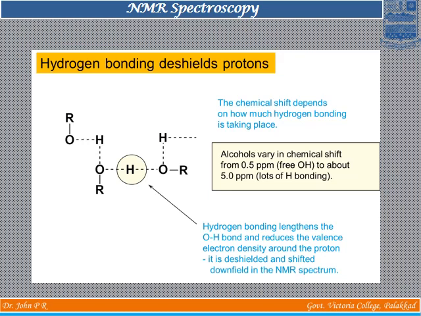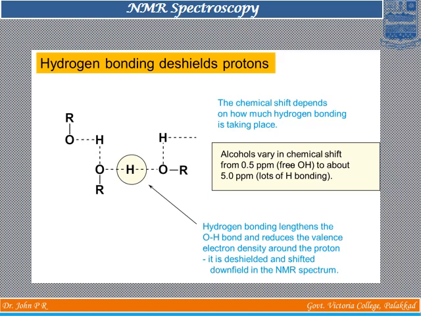So to ensure the presence of these types of hydrogens, they are actually exchangeable. They are known as exchangeable hydrogens. We add a few drops of D2O to the sample and shake it well.